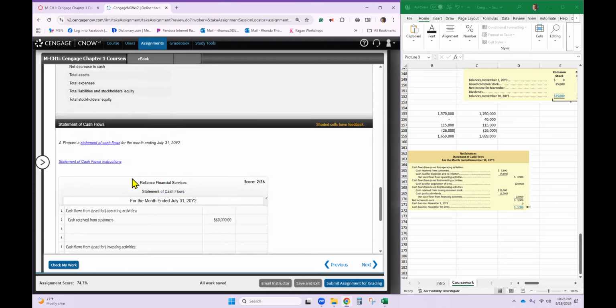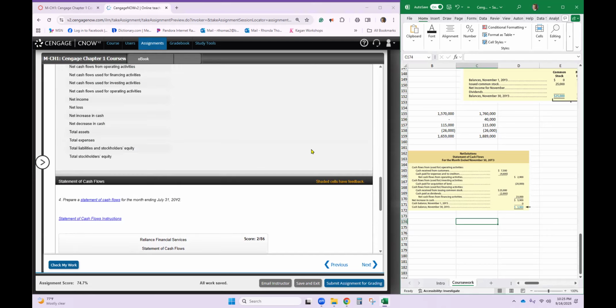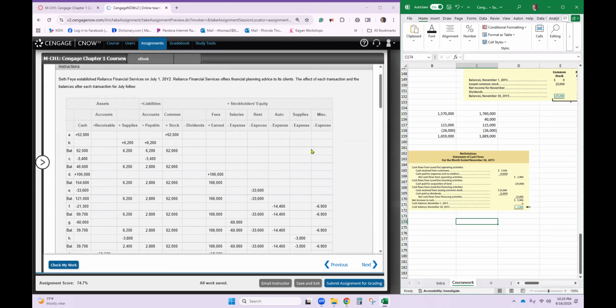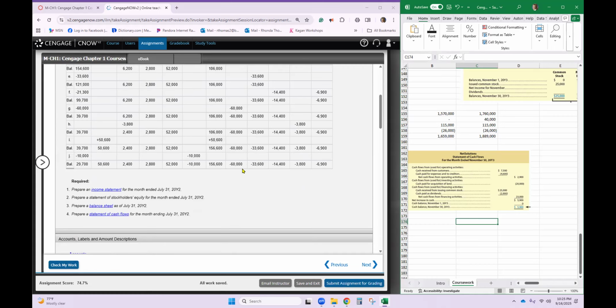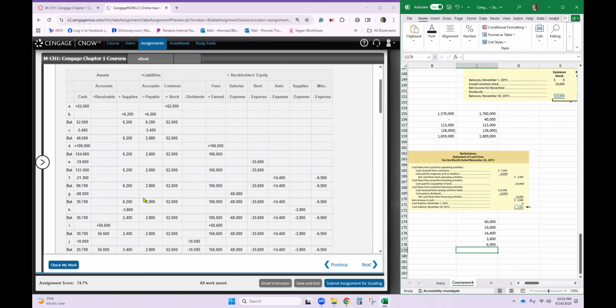Okay, this is all about the operations of the business. And so if you look at the grid, we're going to put all these expenses in down here at the bottom. So I'm going to start with 60,000. 33,600, 14,400, 3,800, 6,900, and then the amount we paid to a creditor.